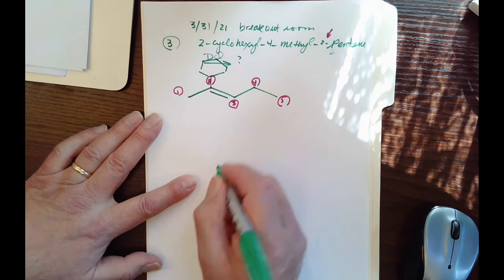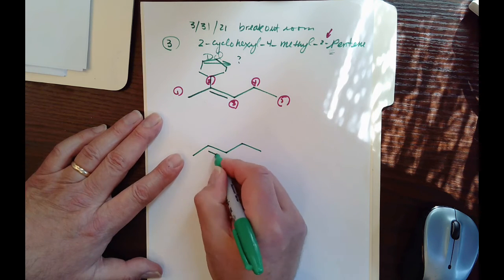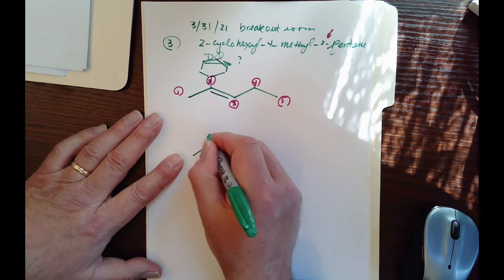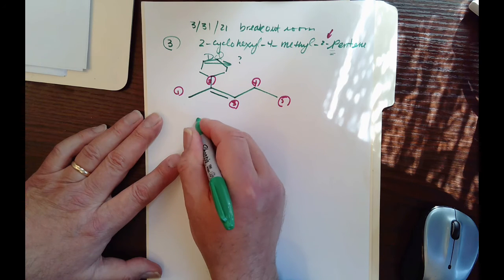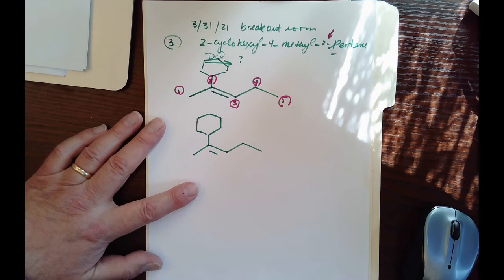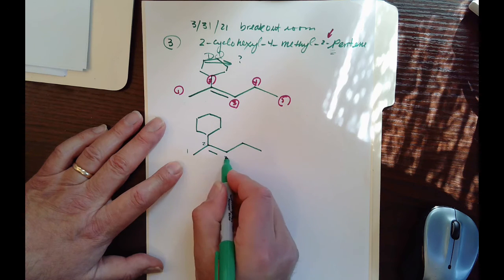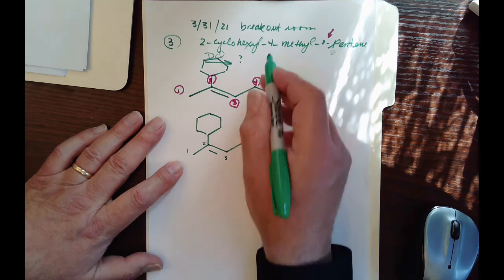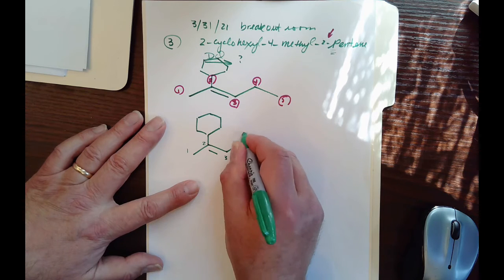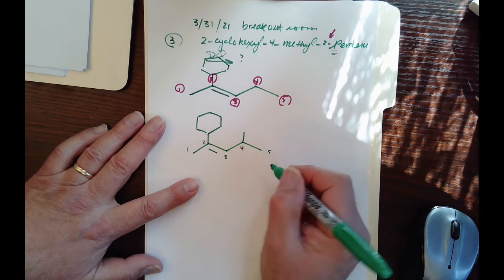It got messy here, so I'm going to redraw it. Position 2, we have a cyclohexyl. Then we have 1, 2, 3. Position 4, we have a methyl group. I think that's it. And then position 5.